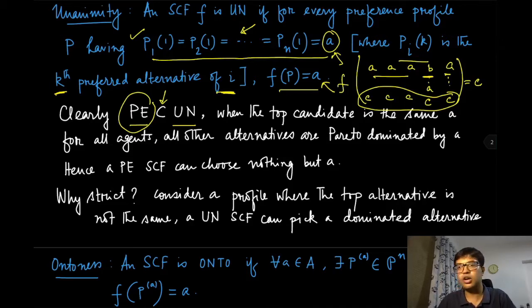But when it is not, even if you perturb the preference order of one agent, you pick something which is Pareto dominated, and that is not Pareto efficient. That social choice function will not be Pareto efficient, even though it is unanimous. So that is one example of why this containment is strict.